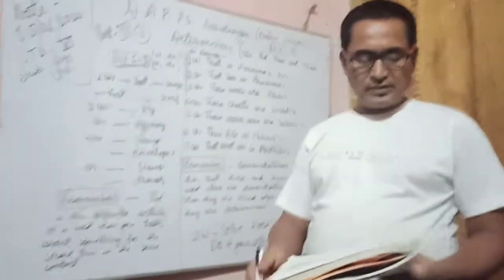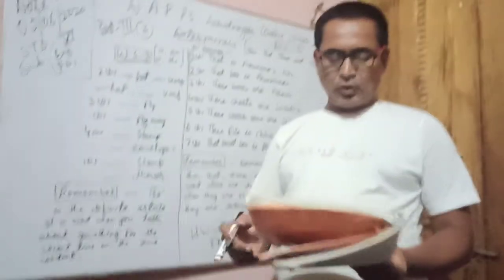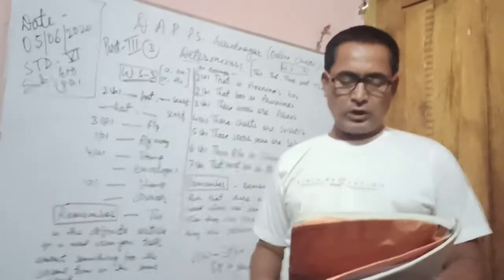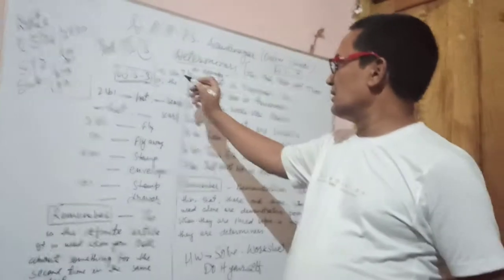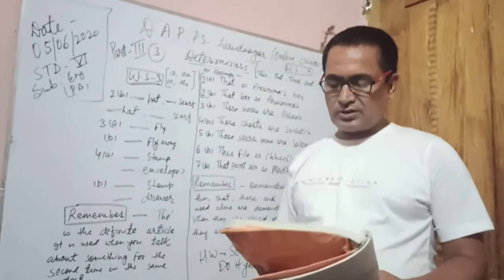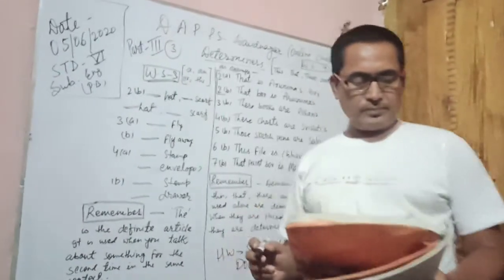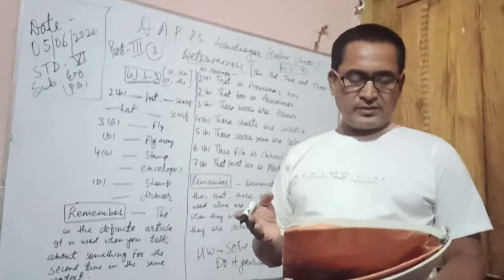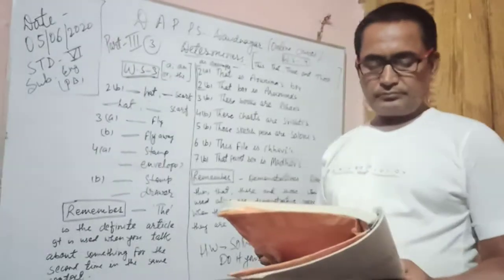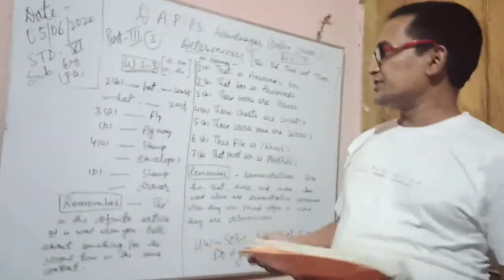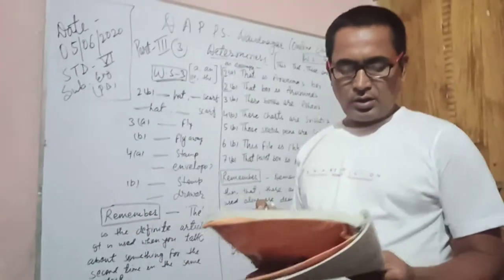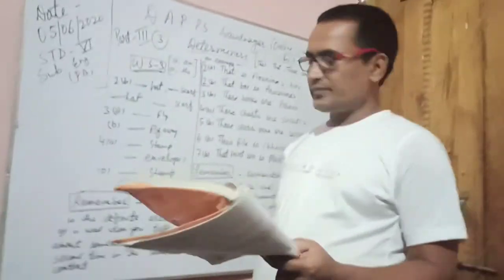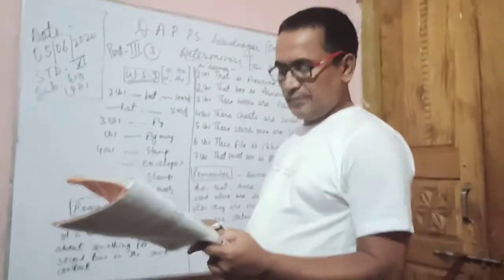The instruction is given here: Complete the following sets of dialogue by inserting the articles a and or the. The first one has been done for you. We have to study first. Second, question number 2. Did you buy anything?